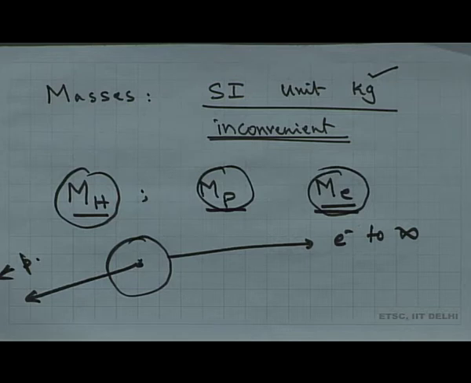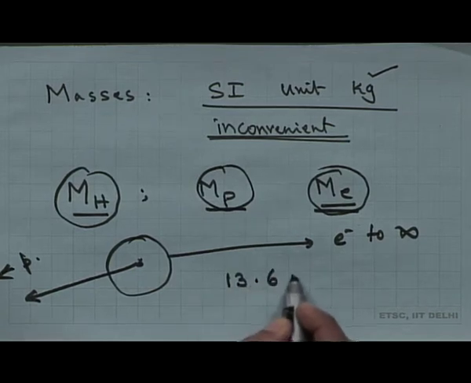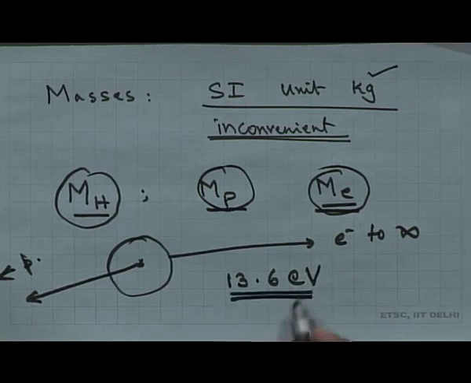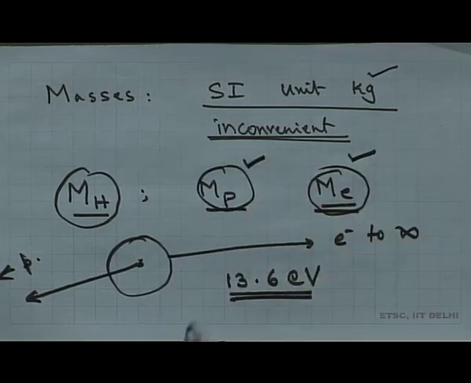What is the binding energy? They should be at rest, and the energy that I supply is given by the binding energy, and we associate it with 13.6 electron volt. So in some sense, the mass defect is 13.6 electron volt. The difference between the mass of the hydrogen atom and the sum of the masses of the proton and the electron is 13.6 electron volt, which is a very, very small number.